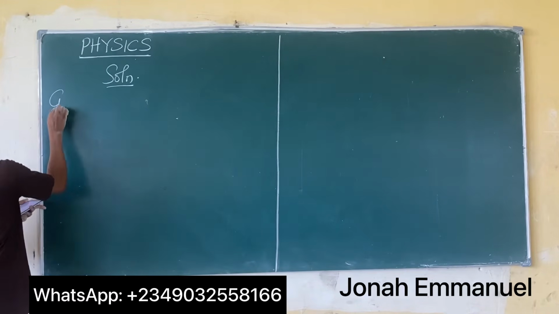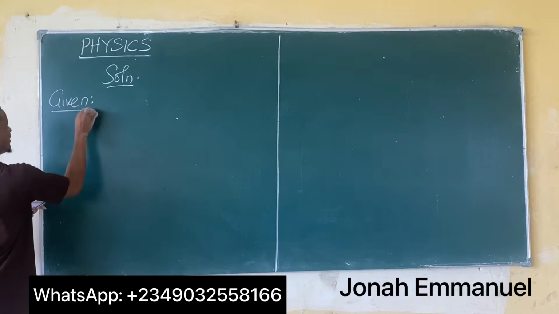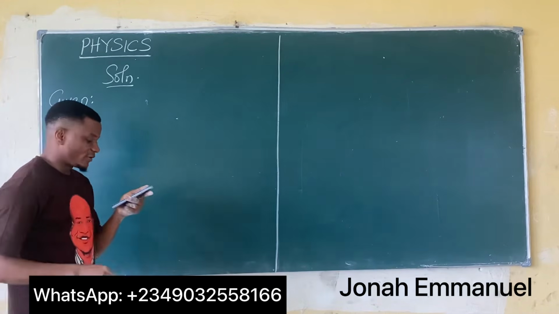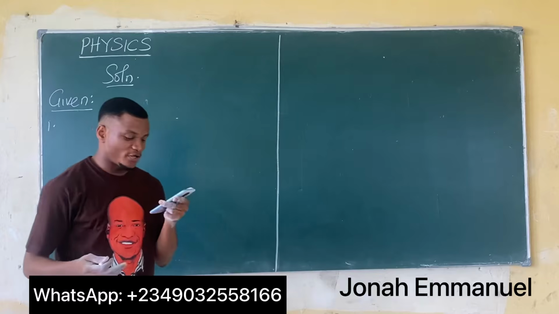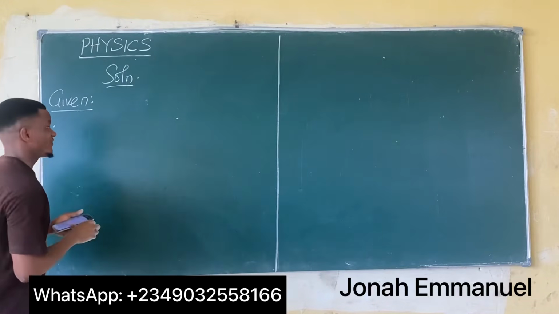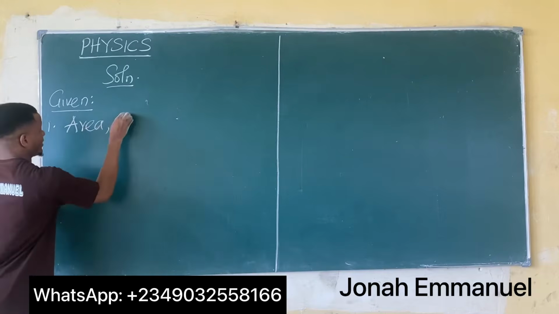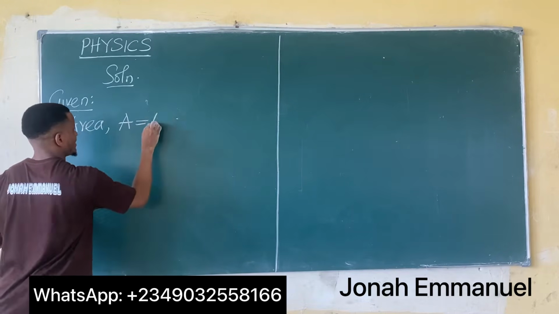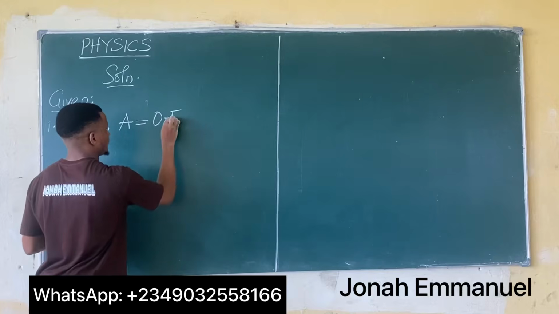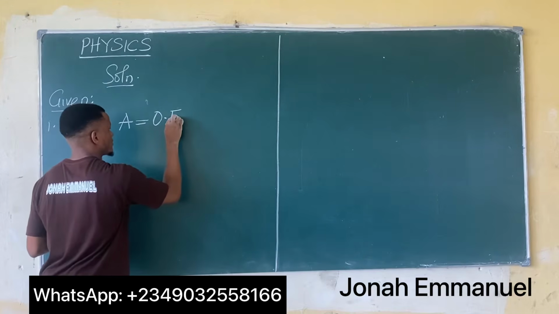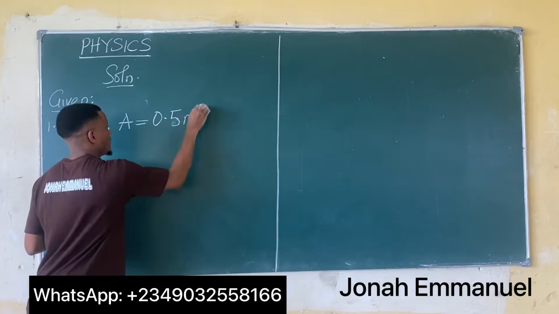Solution, as usual, let's start with the parameter. So the first thing that says, calculate the pressure exerted by a force on a portion of the wall 0.5 meter square. So because I'm seeing meter square there, it tells you that that's area. So area is 0.5 meter squared.